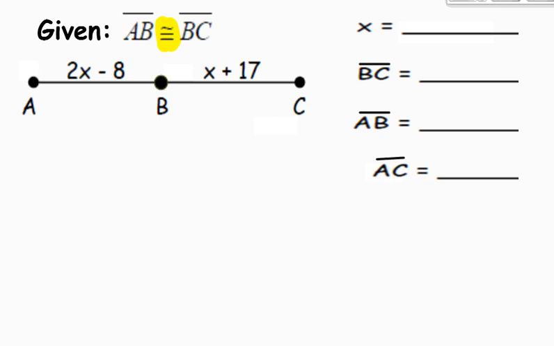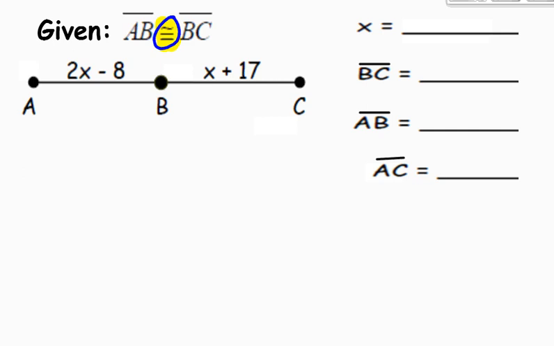All right, we have a little bit of a new symbol here. It says given line segment AB is congruent to, this is a new symbol, this is a geometry symbol. It basically means equal.